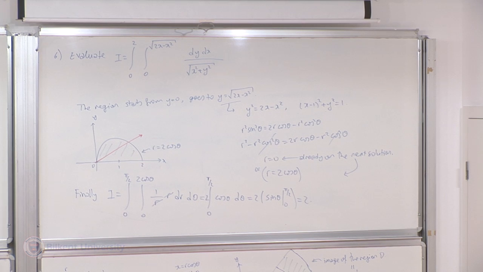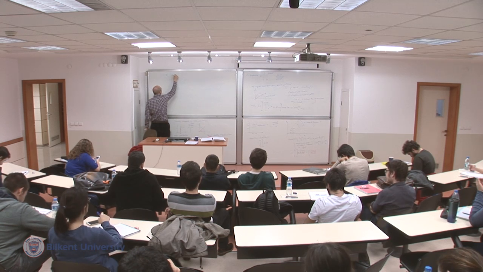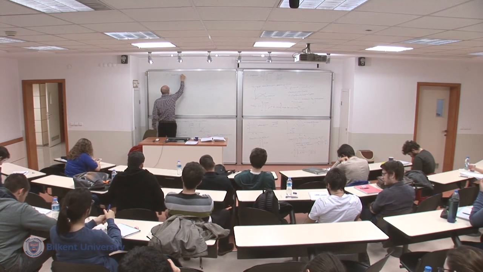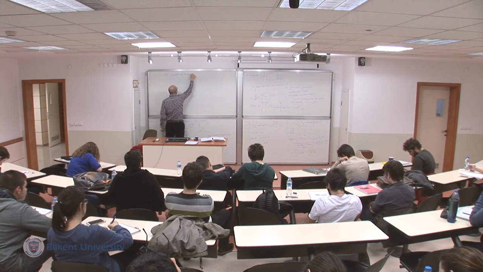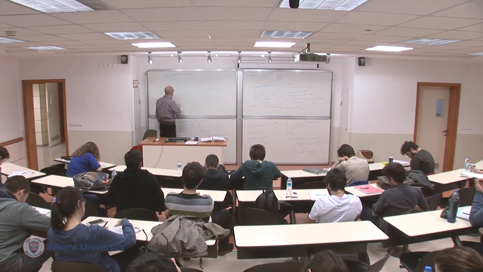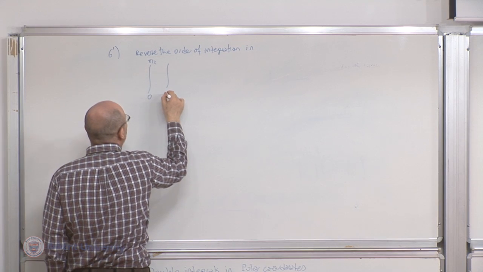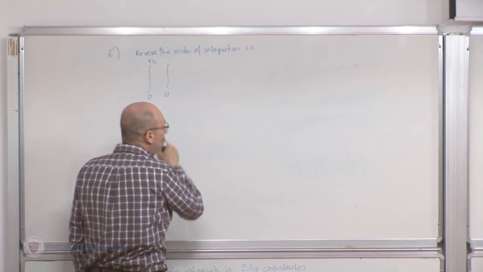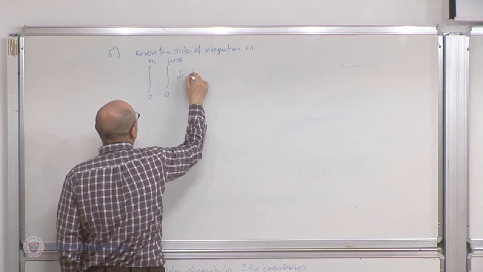Okay, so 6 prime. Reverse the order of integration in integral from 0 to pi over 2, from 0 to 2 cosine theta dr d theta.